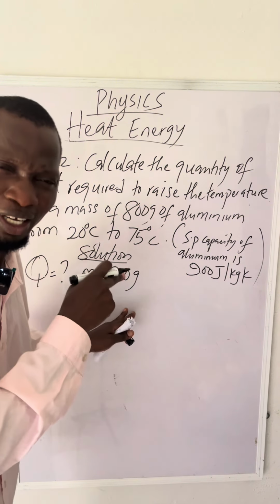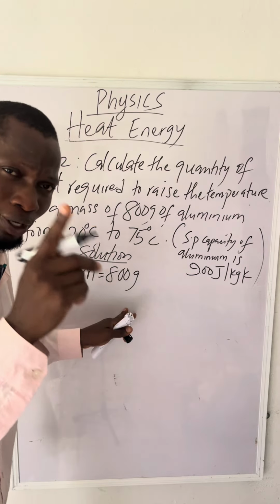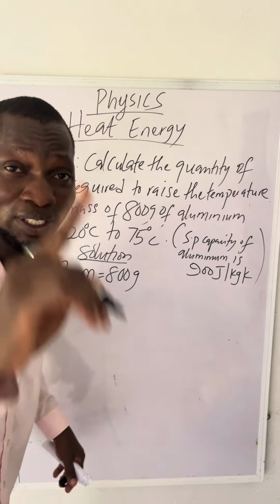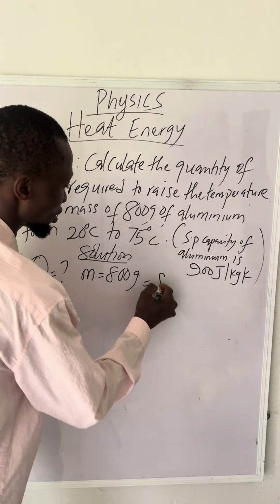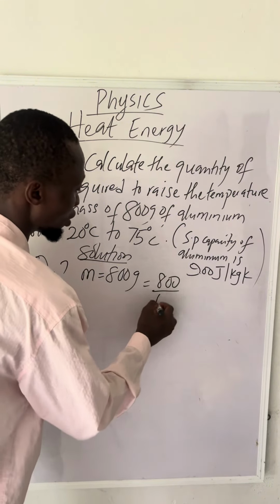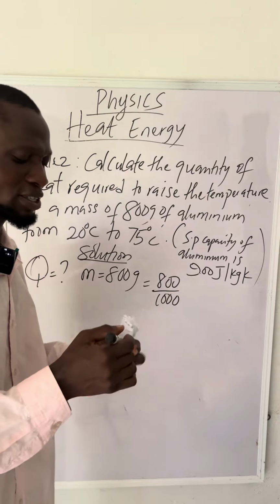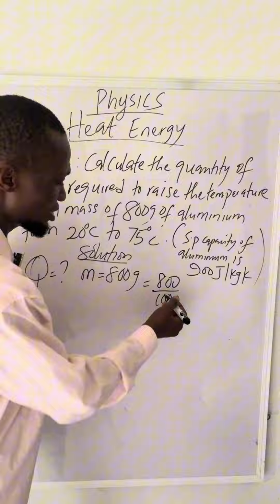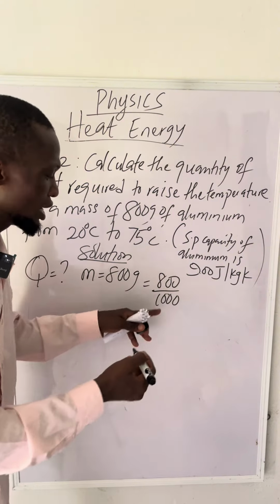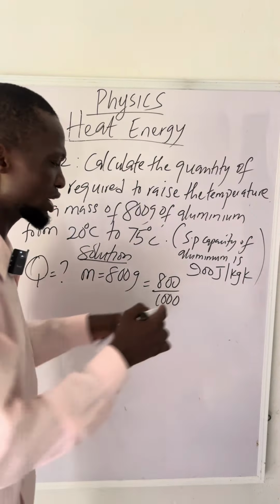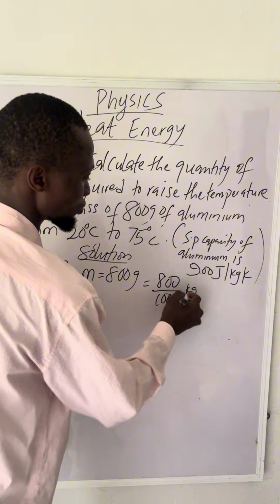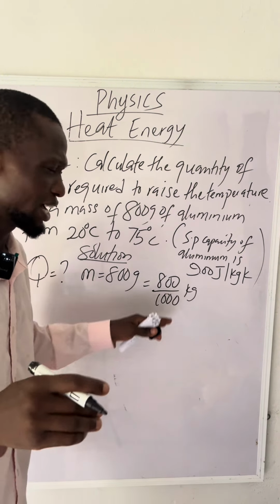So I'm going to change gram to kilogram by dividing it by 1000. So my mass is going to be 800 divided by 1000.